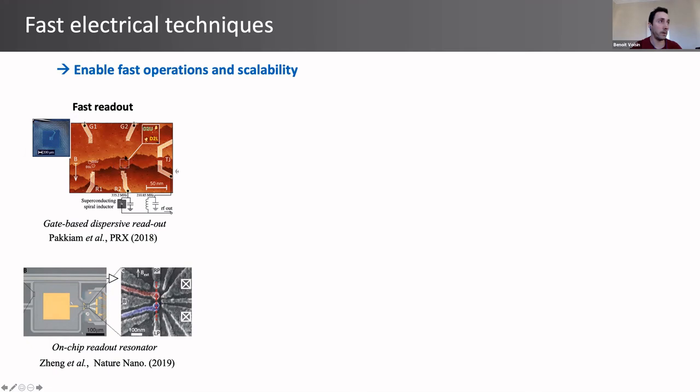You can see them with this dashed square there. And this was recently performed directly on chip, so you have both the device and the resonator patterned on the same chip, to yield even better readout performance.